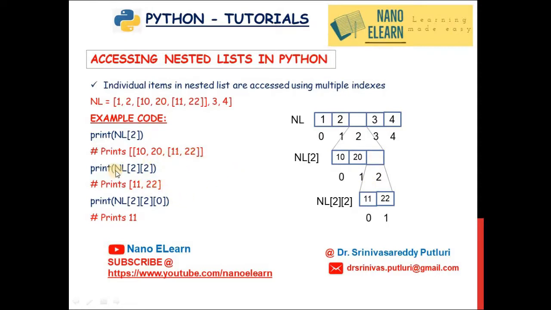The second print statement is used to print the value of the sublist with index 2 followed by index 2, which means that it prints the values 11, 22. And finally, the third print statement is used to print the value 11, which is present at index position 0 of NL of index 2 and index 2.